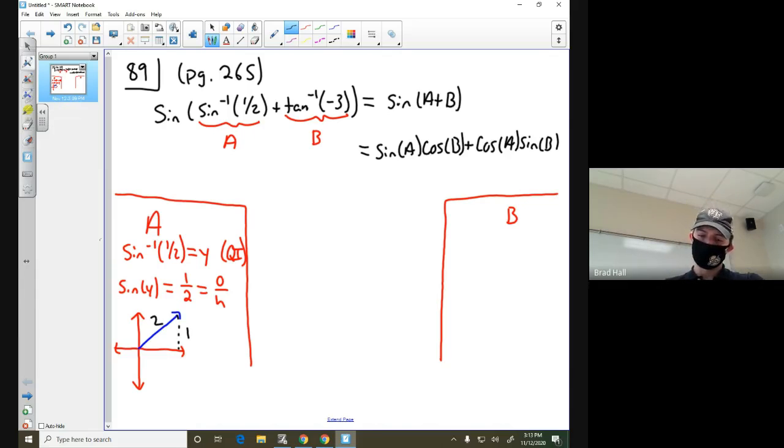You can use Pythagorean's theorem to quickly figure out that the missing side length is the square root of 3. Two squared minus 1 squared is square root of 3.